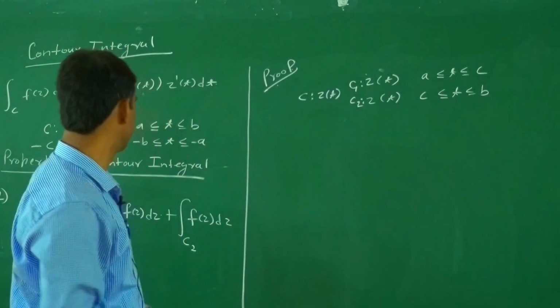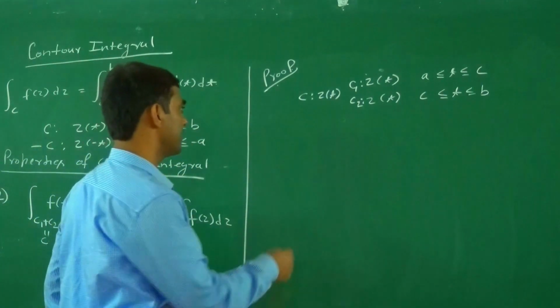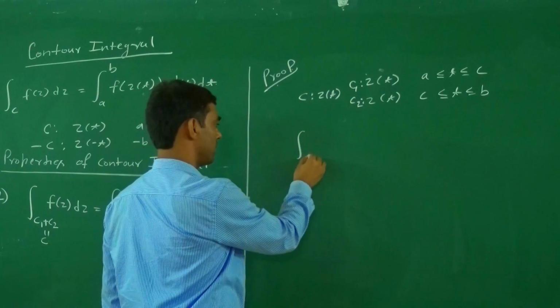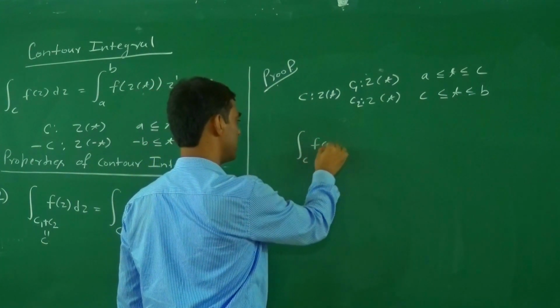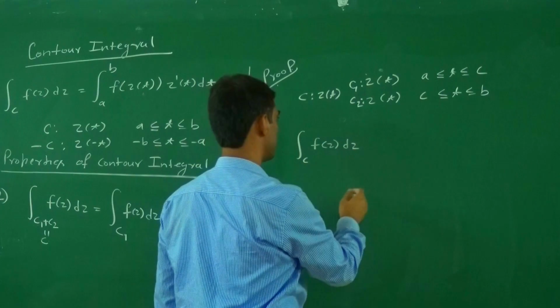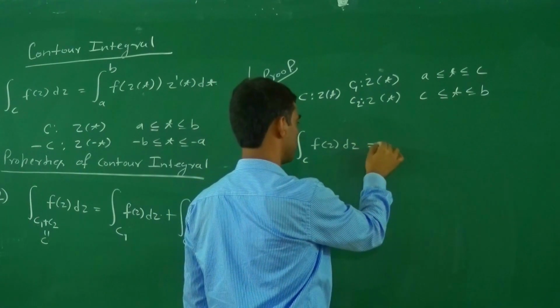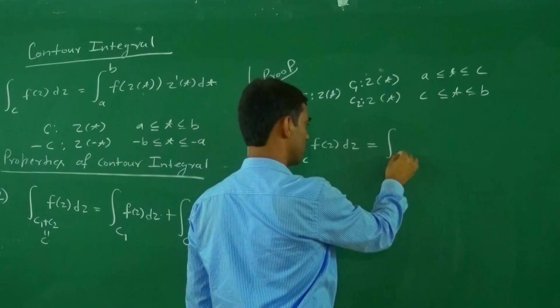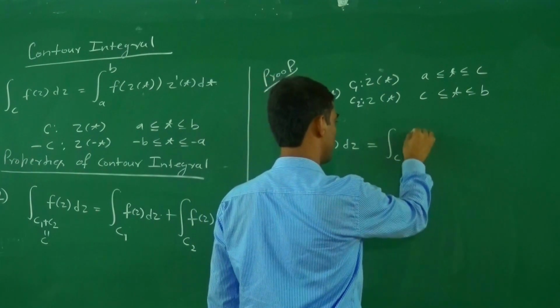So what will happen? The integral over C of f(z) dz consists of two contours, C1 plus C2.